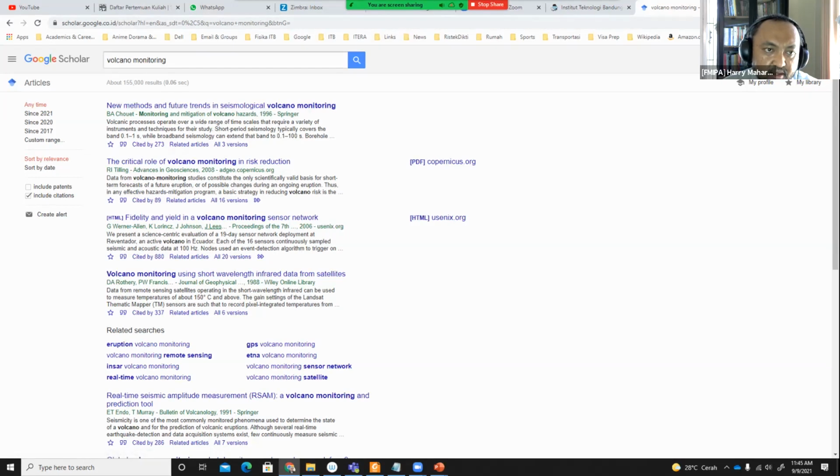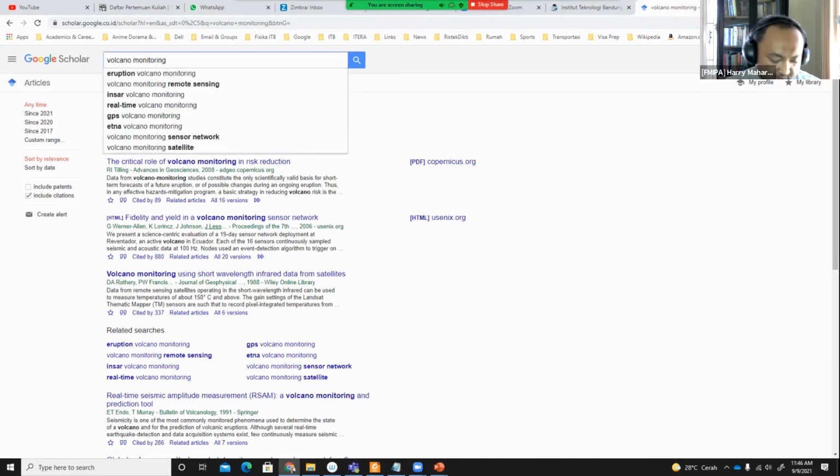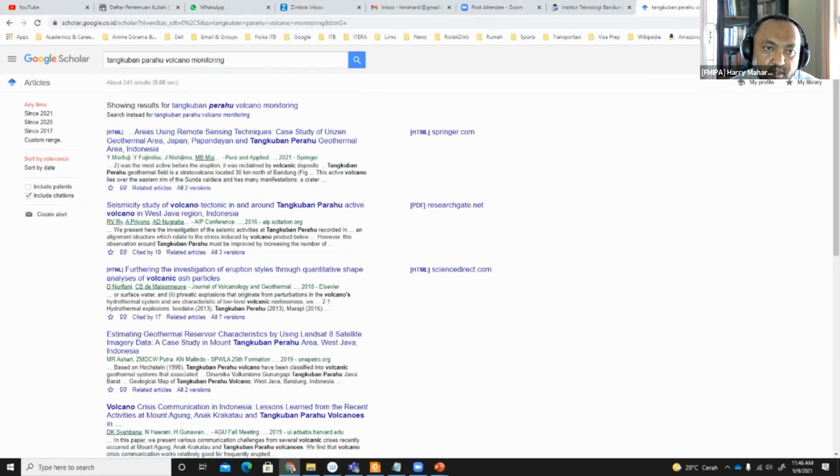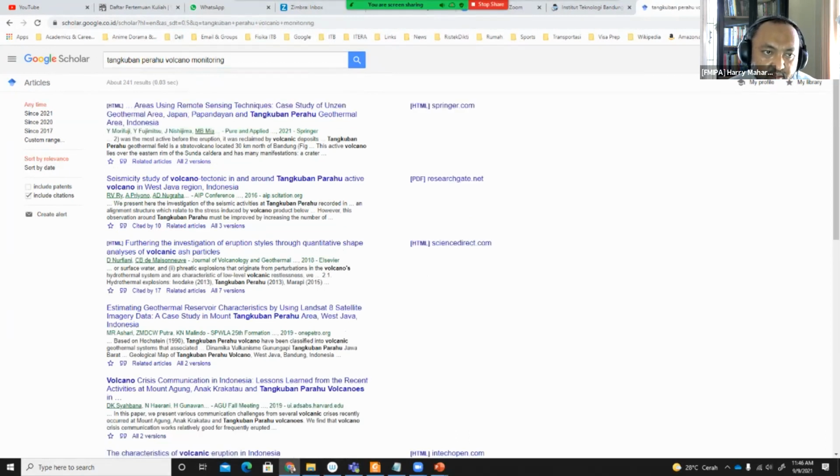If I want to be more specific, Tangkuban Perahu monitoring, for example. We'll get the latest publication, for example, from Pure and Applied Geophysics 2021.